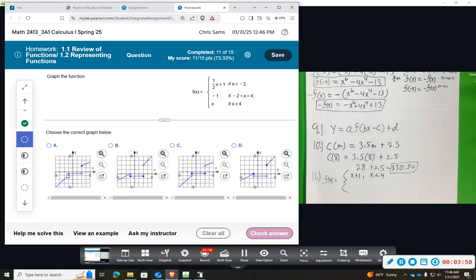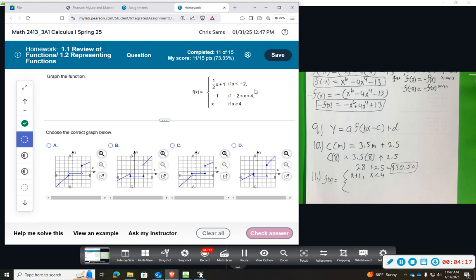Let's just look at one of the linear ones and see the difference here. So we have 1/2 x plus 1. That's when we are less than or equal to -2. So I'm going to look at these and try to figure out which one of these best matches.